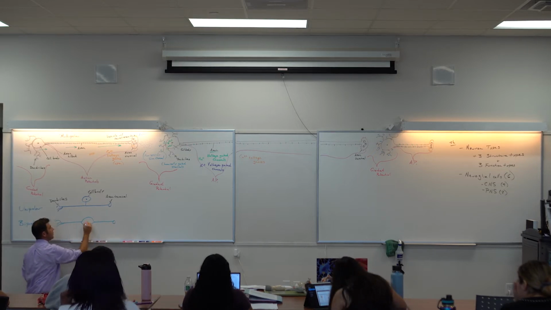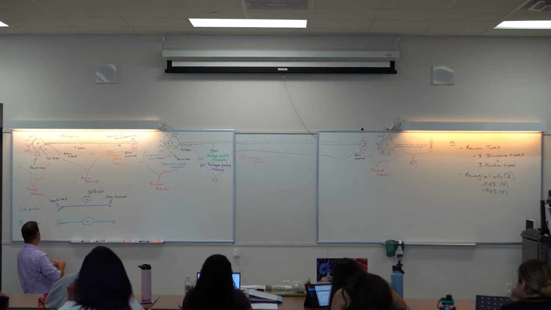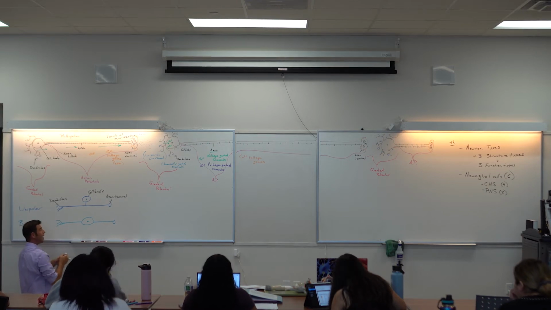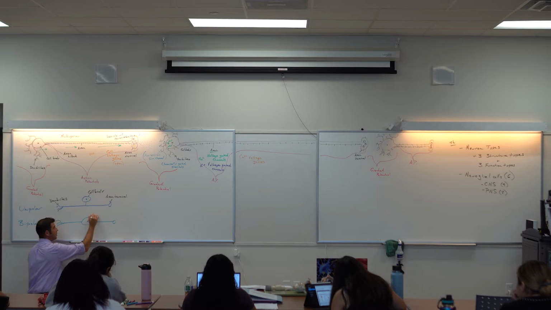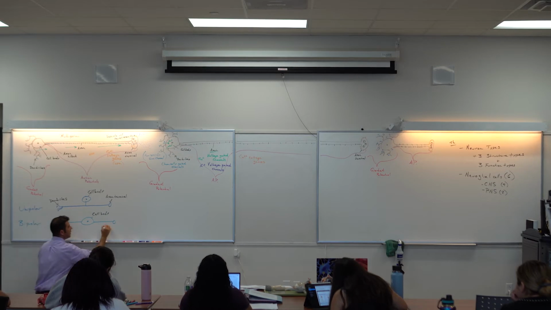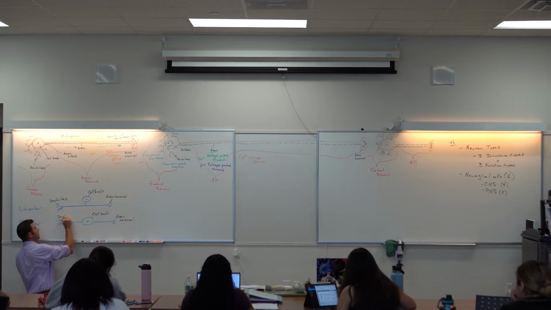It's a terrible axon terminal, but I'll leave it. These bipolar neurons with the cell body right in the middle, not on a stalk off to the side, are also a type of sensory neuron. I'll just label this axon. And here would be the dendrites.